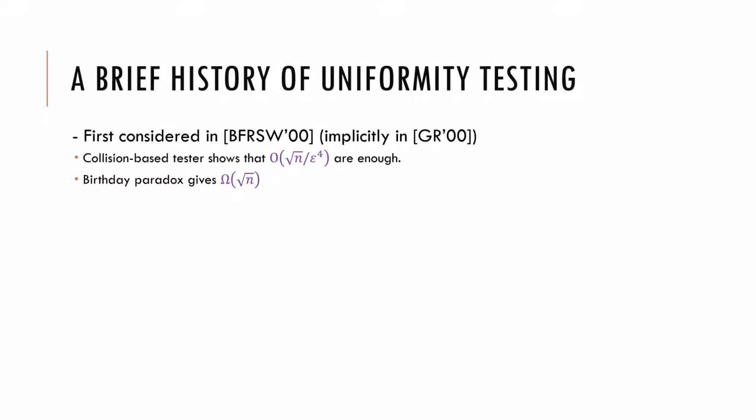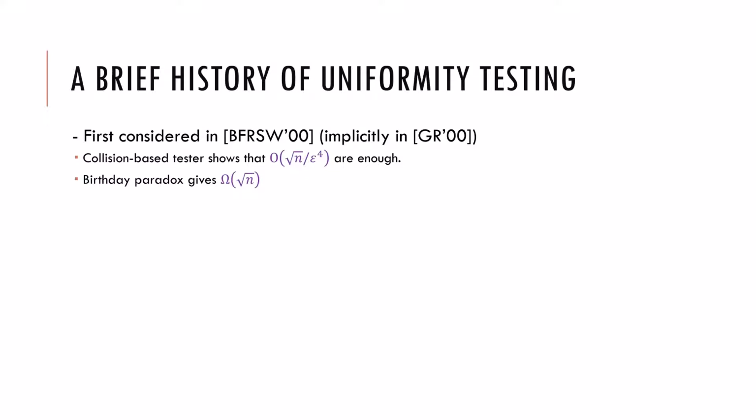And the method used is the collision-based tester. Their analysis showed that square root of n over epsilon to the fourth is actually enough samples to perform uniformity testing. But even for the easiest case where epsilon is a constant, the birthday paradox shows that you cannot perform uniformity testing unless you have at least order of square root of n samples.